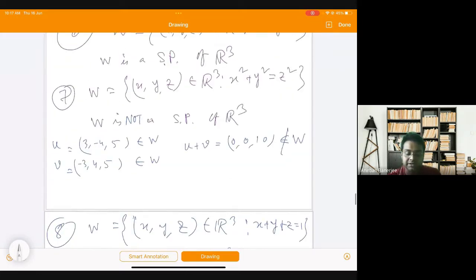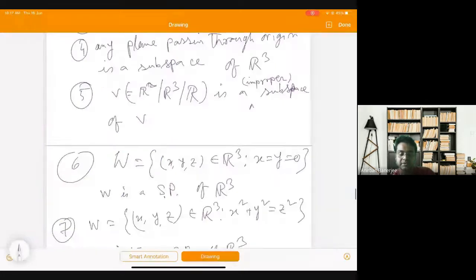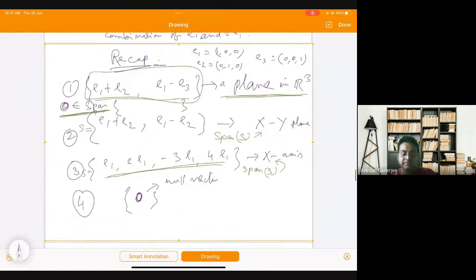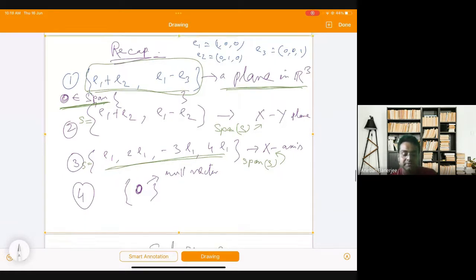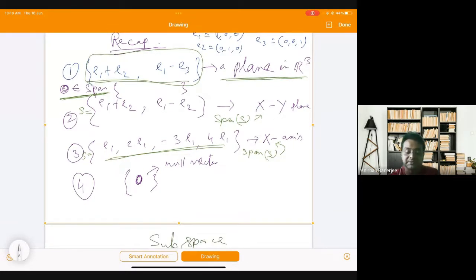We also had examples here. Okay, so what I mean is, whatever subspace the span of a set of vectors creates, we say that that set of vectors generates that subspace.